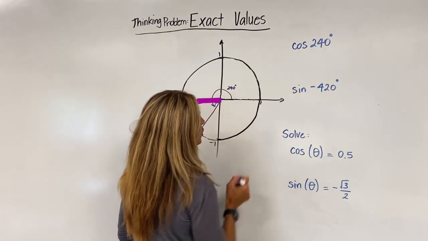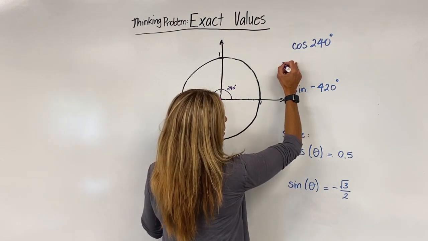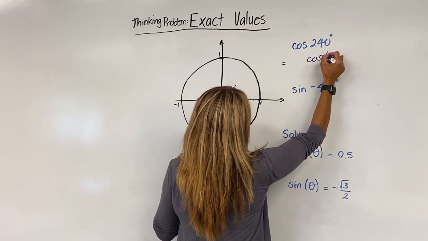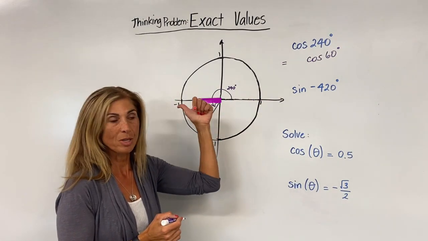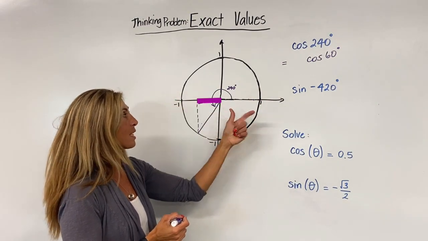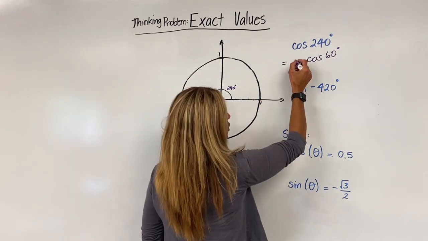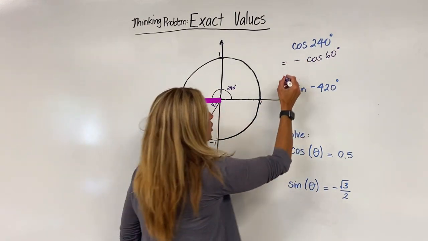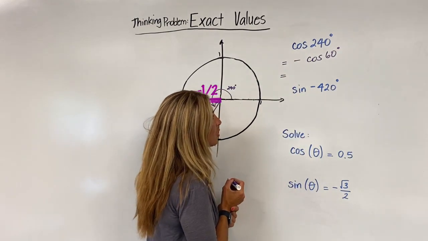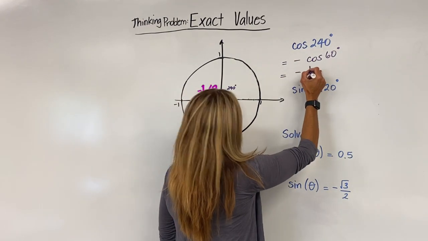So cosine of 240 degrees would be equivalent to cosine of 60 degrees. However, it is a horizontal measurement and we're moving in the negative direction. So it's negative cosine of 60 degrees. And if we recall, our cosine of 60 degrees is 1/2.